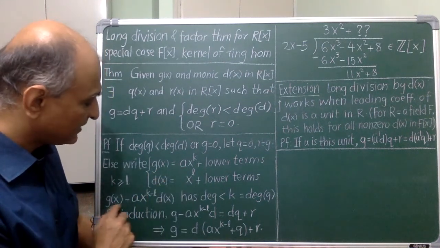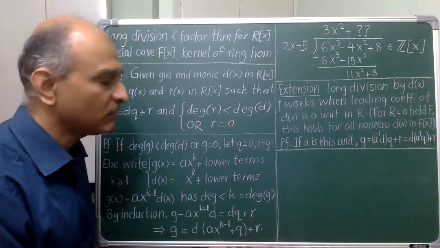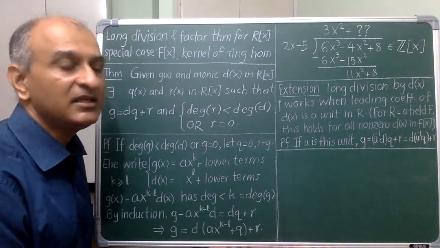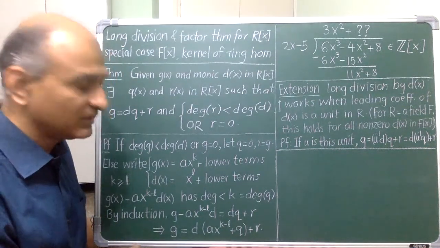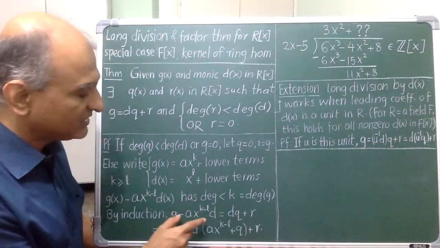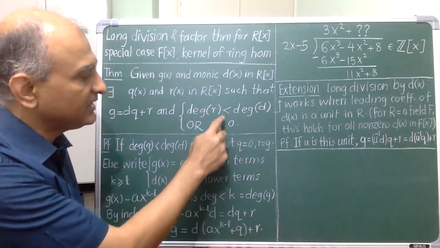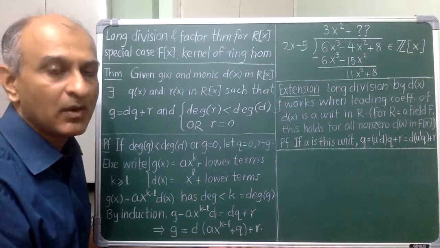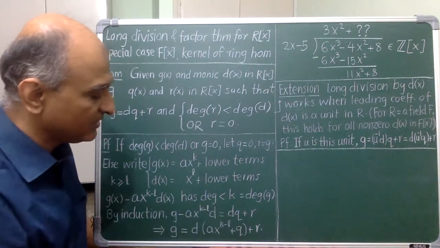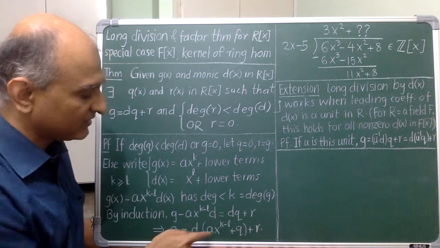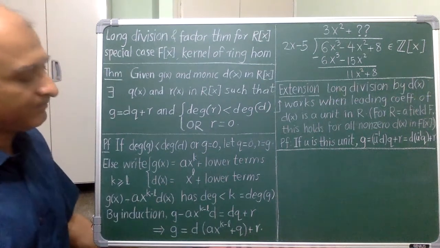So if I subtract this product from g, then the leading term cancels out and I get something that has degree less than k. So now I can use induction on the degree of g and write this difference as d times q plus r, where r is less than d in this fashion. But now I'm really done because I simply have to take this term to the other side, take d as a common factor to get the desired quotient, and the remainder stays the same.